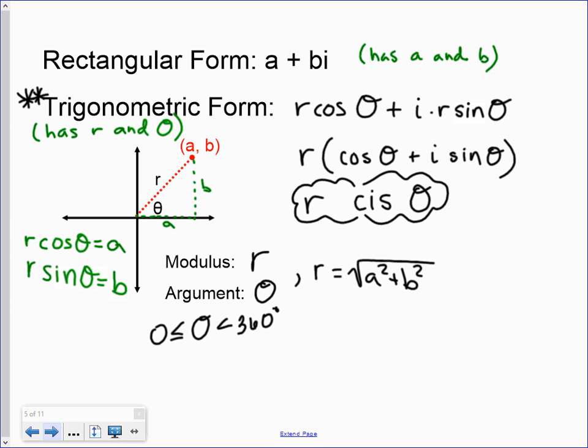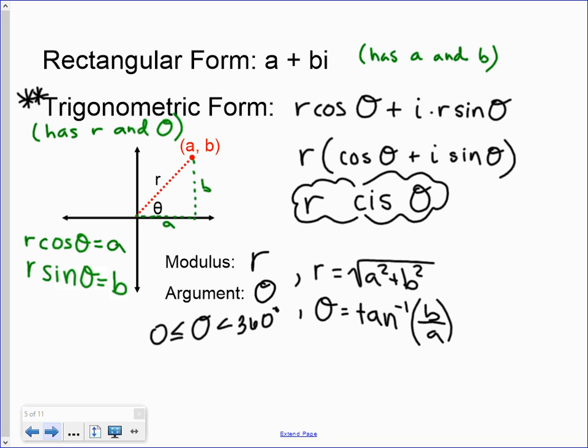And what could you say about theta, should you ever want to find theta? Inverse tangent of B over A. Excellent. So each time I draw this picture, there's 4 equations we can write. There's the Pythagorean theorem, R squared equals A squared plus B squared, which gives us R equals square root A squared plus B squared.